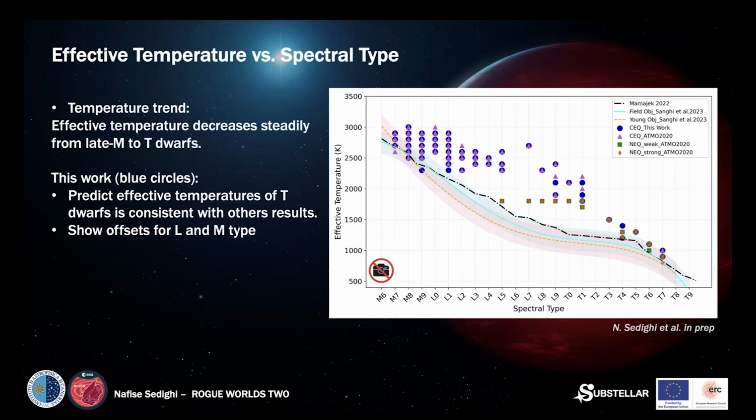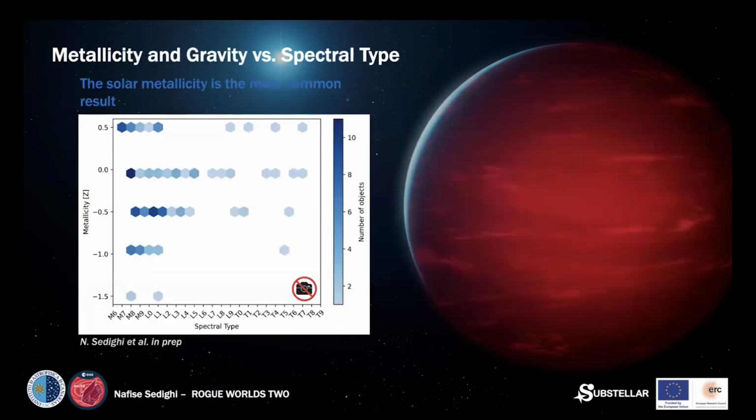So we are thinking of updating the models in this scenario to include them. But we are still not sure whether this is because of the lack of observed spectra that we had, or because of the models. We have to investigate more on that.